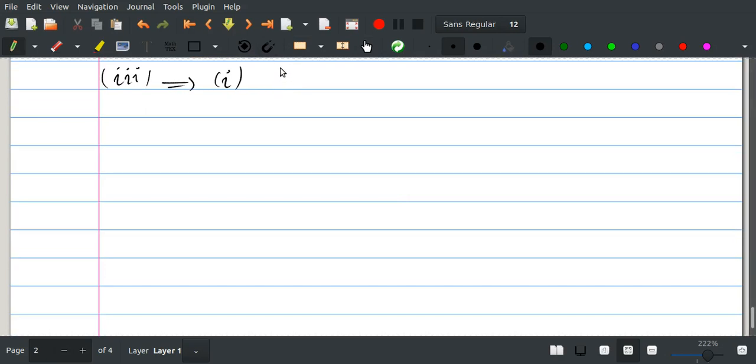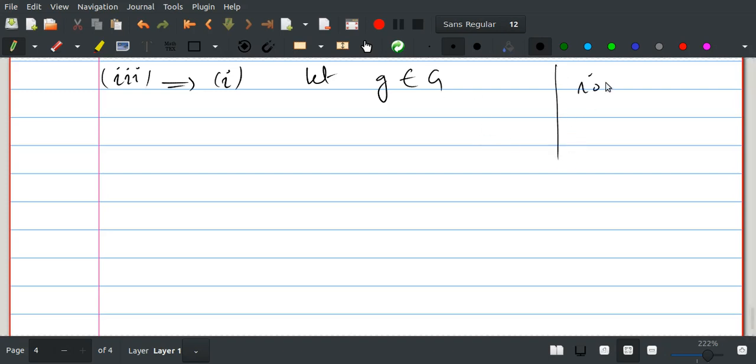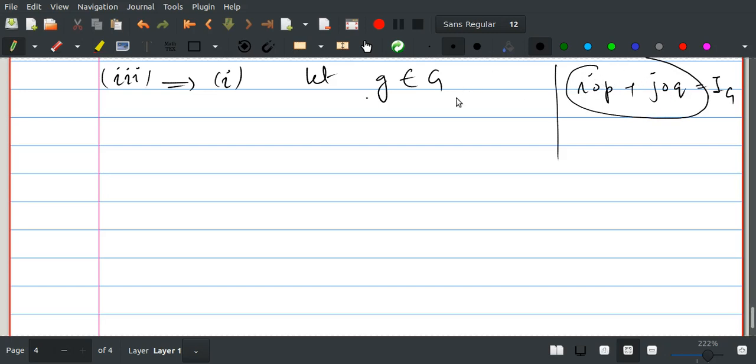So let's consider g belongs to G. Now it is given that I of P plus J of Q, this is identity map on G. This means that if I operate this map on this g, we get g, that is g is same as when I operate this map on g.